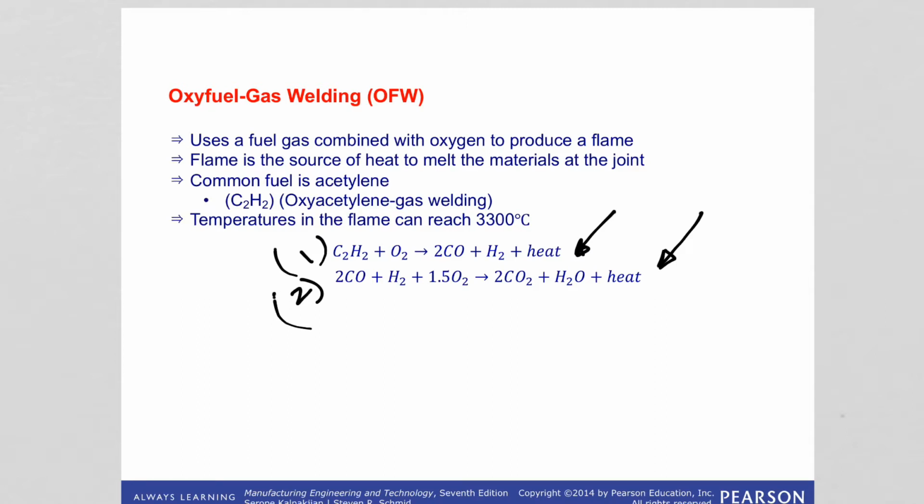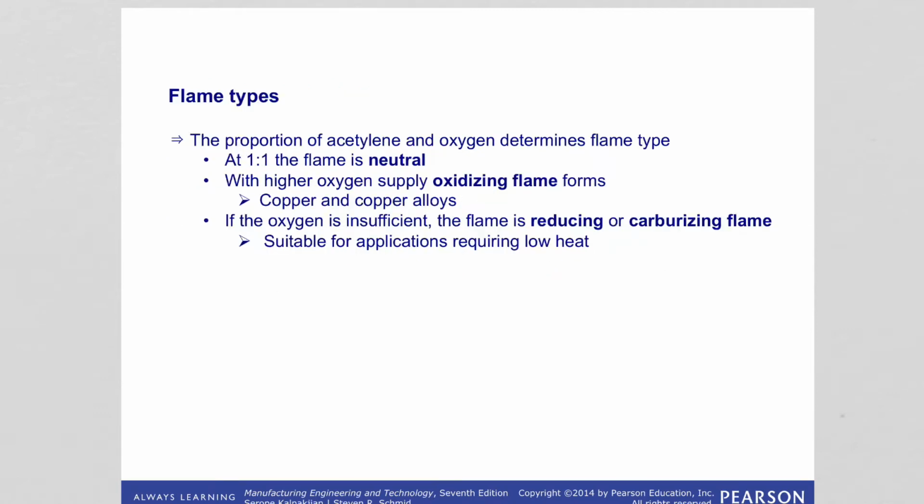This two-stage combustion process produces a flame having two distinct regions, a light blue inner cone and a darker blue outer cone. Three different types of flames can be obtained by just varying the oxygen to acetylene ratio, or oxygen to fuel gas ratio.